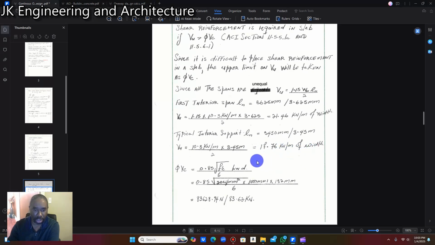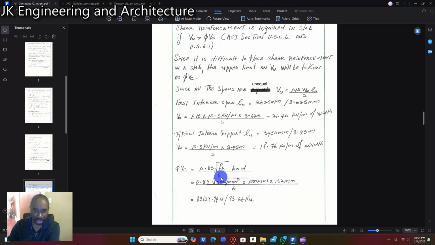Alright, so our phi VC, right, and this is coming from the code again, is going to be equal to 0.85 the root of the compressive strength of concrete times the breadth times the depth divided by 6. Now for shear reinforcement, we usually take phi of 0.85, right? And for flexure, we use 0.9, all right?